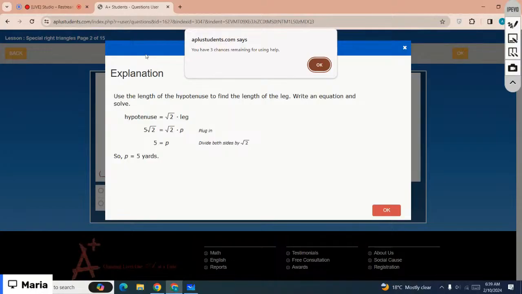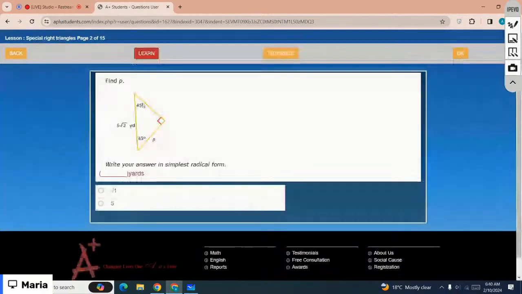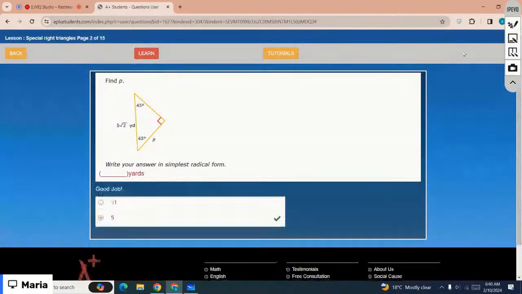So P equals 5. The correct option is P equals 5. Actually, this is the shorter leg. So for the hypotenuse, you have to do square root 2 times the leg.